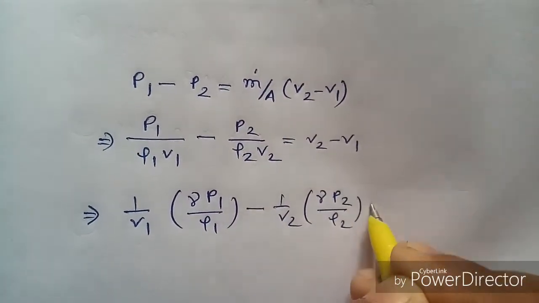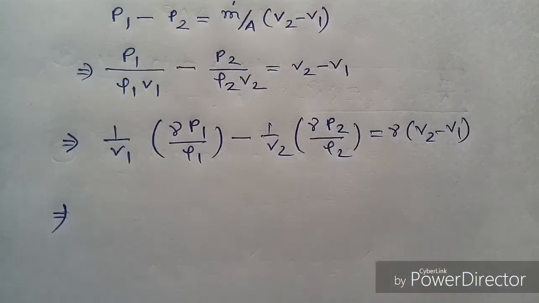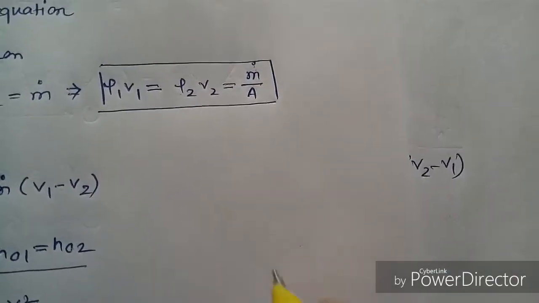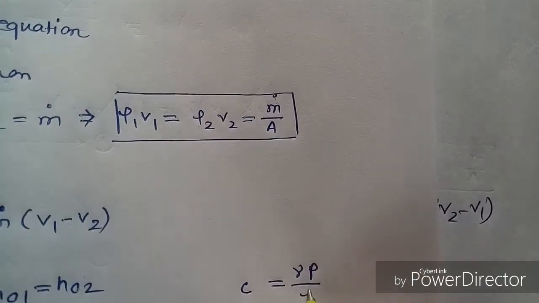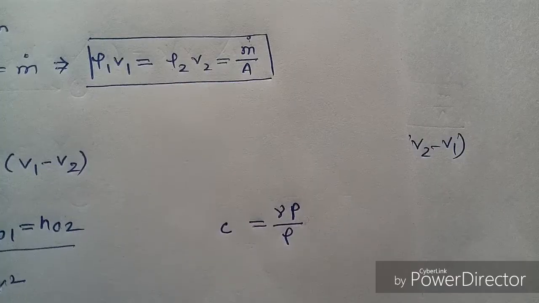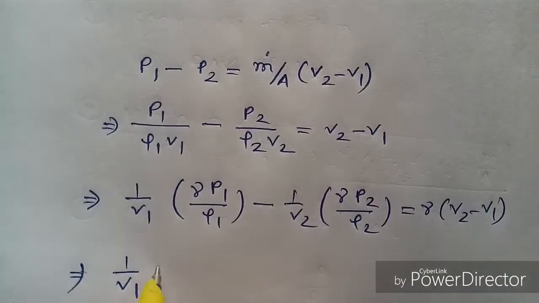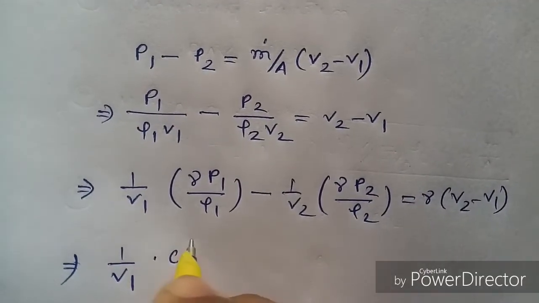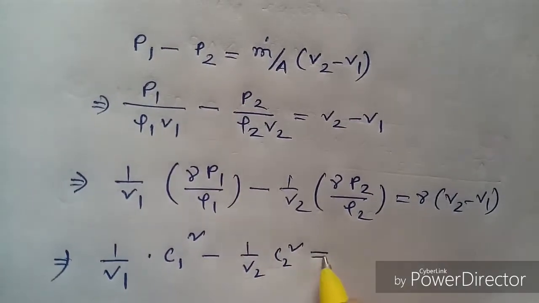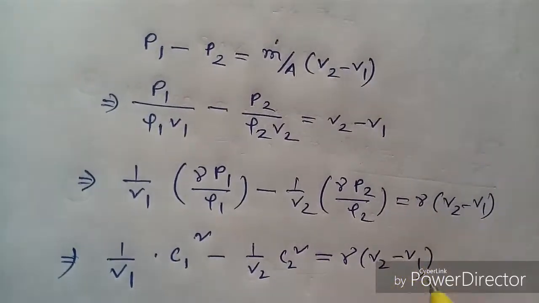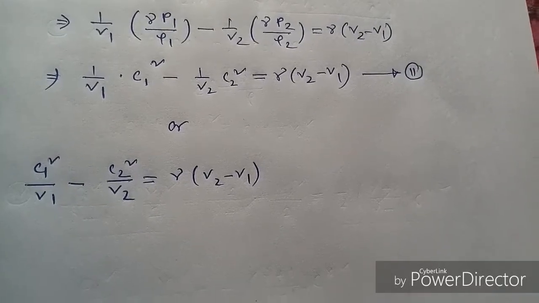One thing you have to remember, that c squared is given by gamma p by rho. So you can write here c1 squared minus c2 squared is equal to gamma (v2 minus v1). Let it be marked as 2. So I made this equation in this form.